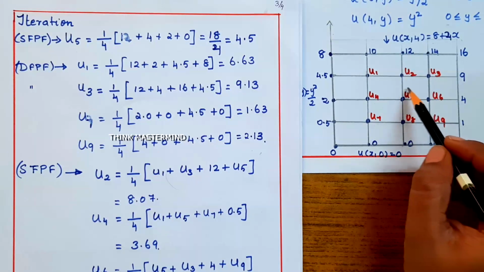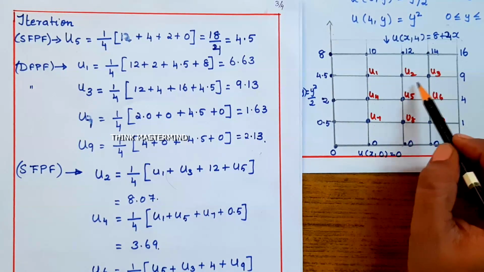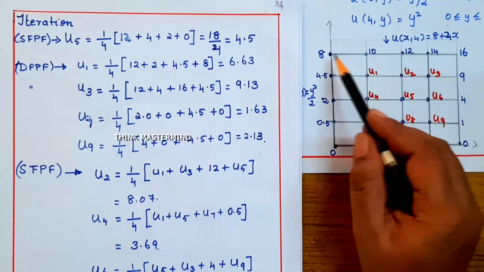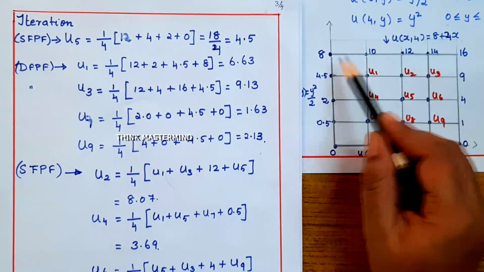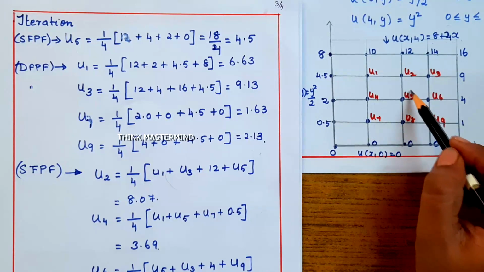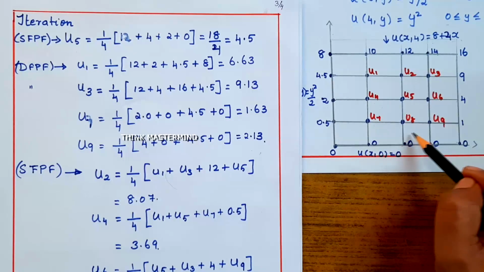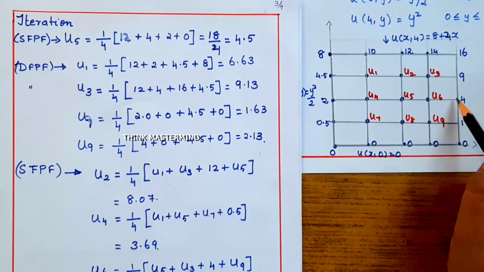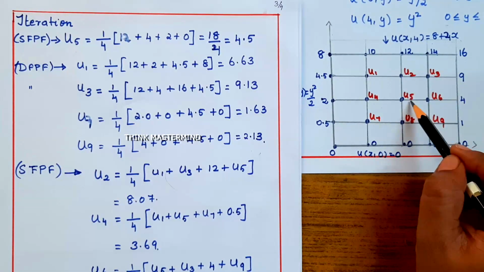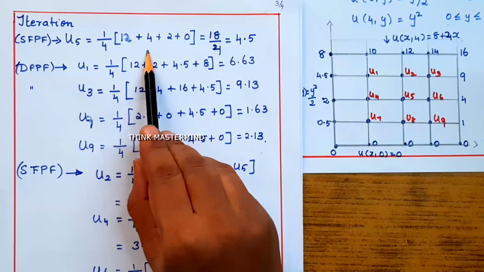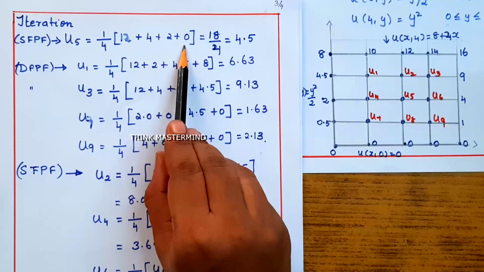So first I have to find u5. In the intermediate mesh, everything is unknown. So I am going to the outermost grid. All are known values. Suppose I have to find u5, I have to consider the standard diagonal 5-point formula. Therefore, u5 is equal to 1 by 4 times of 12 plus 4 plus 2 plus 0.